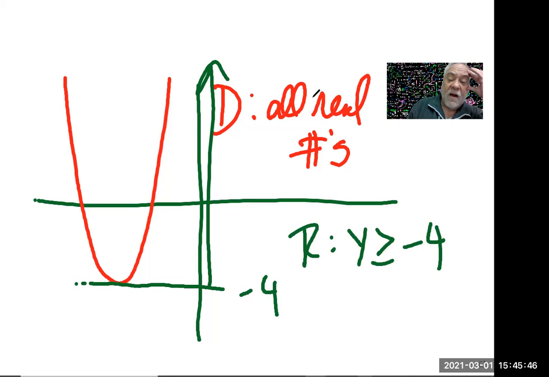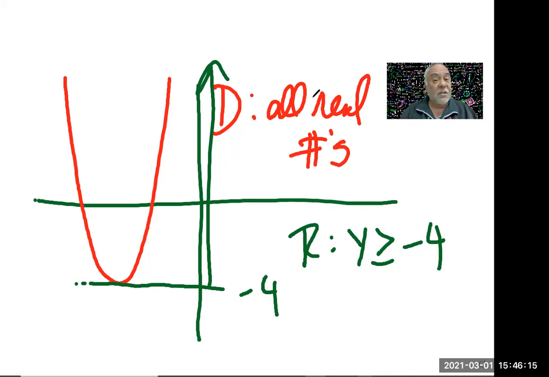It can't be -5 or -4.1. It's got to be greater than or equal to -4. So for ranges, typically there's a limit on it. Depending on which way the parabola is going, it's going to be a maximum or a minimum. You kind of have to figure that out by looking at the curve or by putting the equation in and looking at it. It's hard to figure out the range just by looking at the equation.